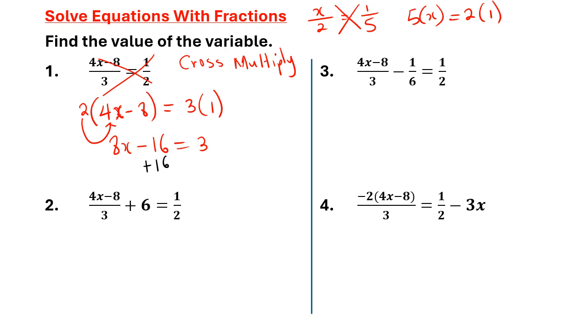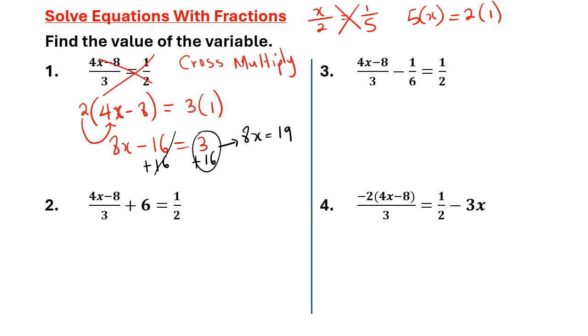You're doing the opposite of things. Plus 16, that's what you call inverse operations. So I'm applying the inverse operations now, and that will be 8x equal to 19. I combined the 3 and 16 to get the 19.